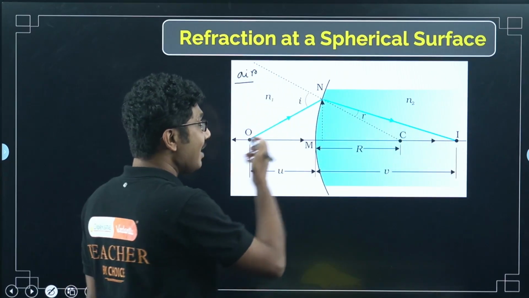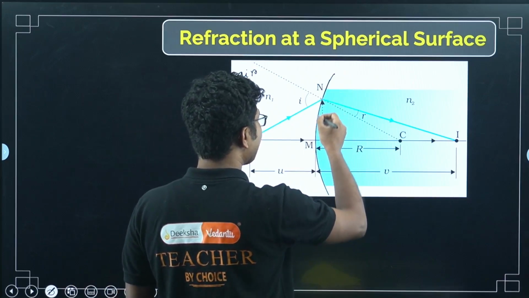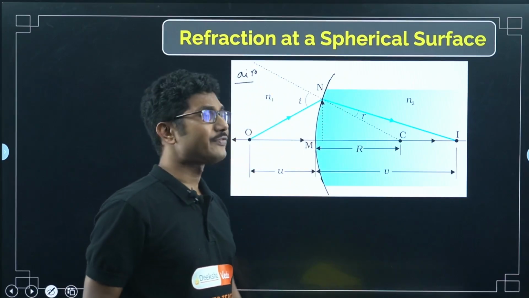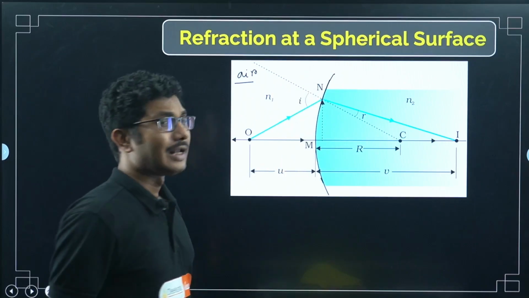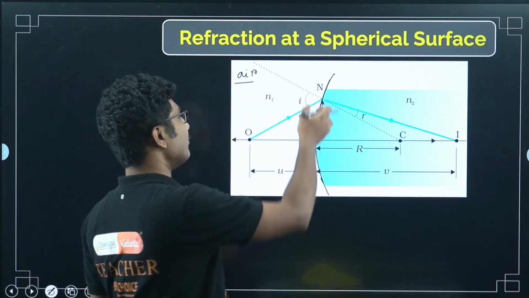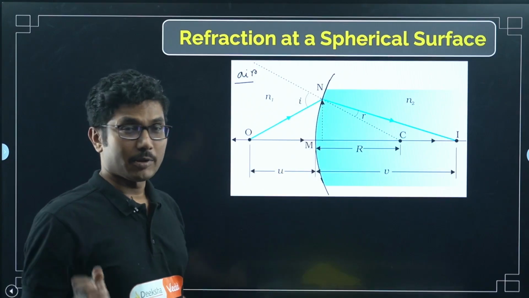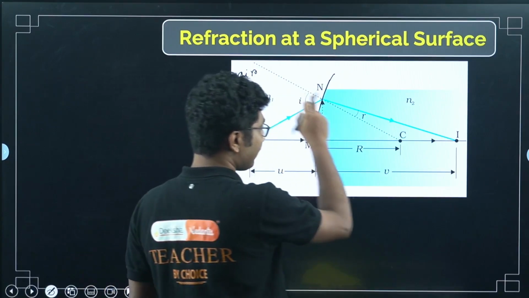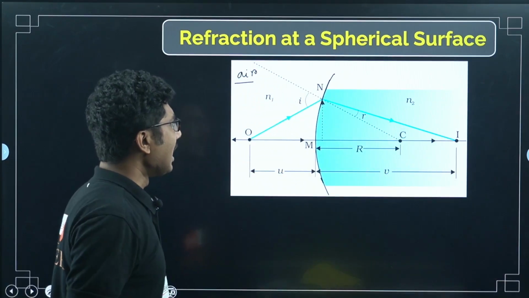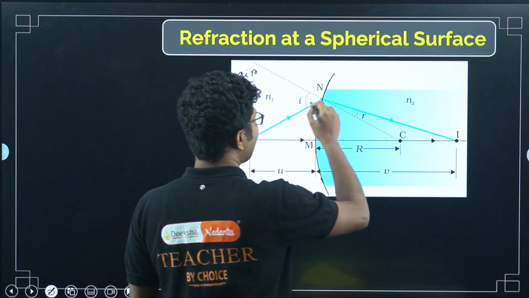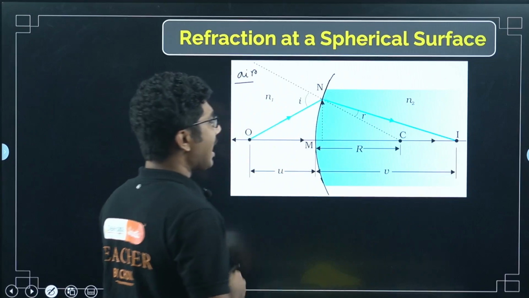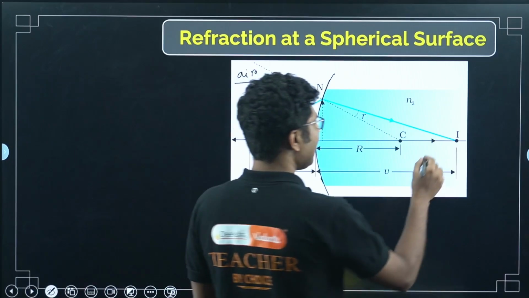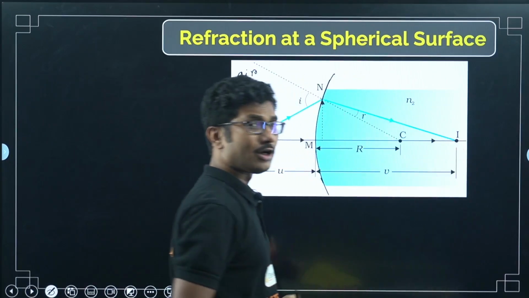Now this medium is separated by a spherical surface. You can consider this like a balloon or a football, but made up of transparent material so that light can travel through it. After reaching here, the ray will travel like that, and we will see the image forming here. The image will be observed here.